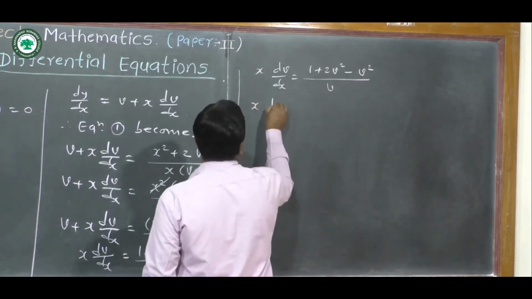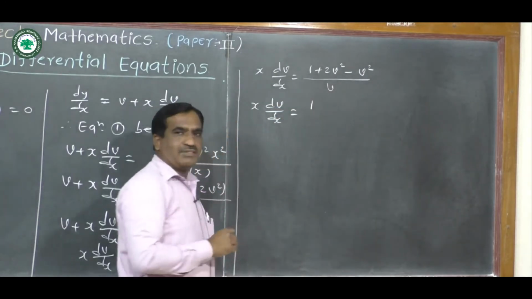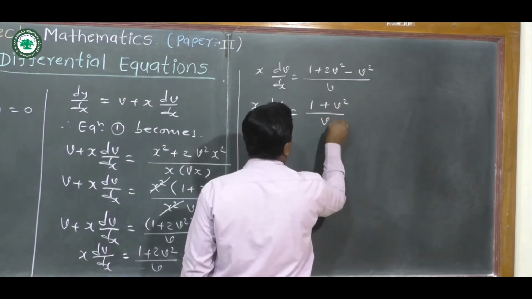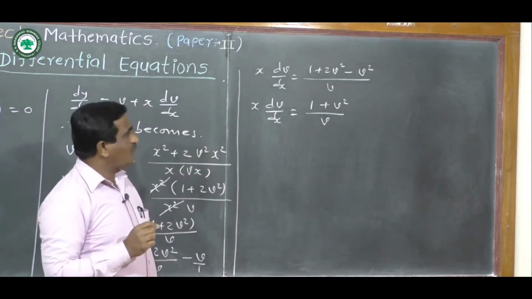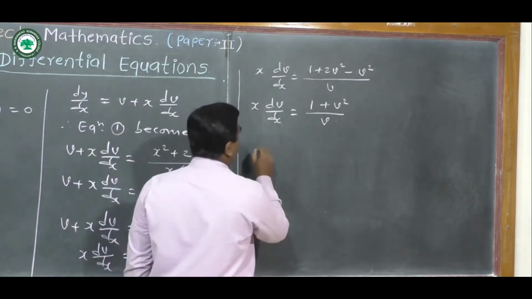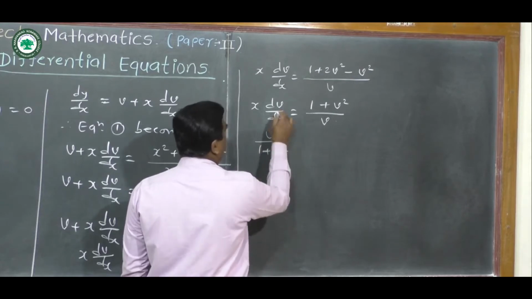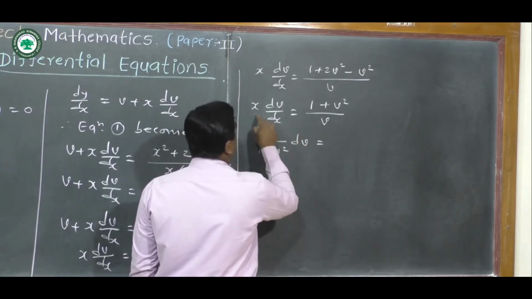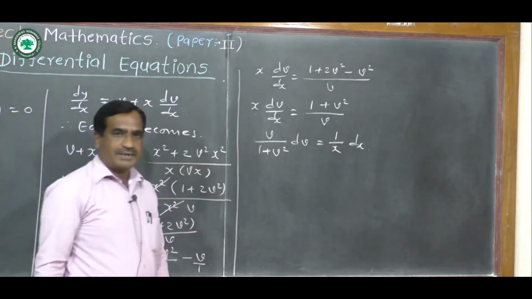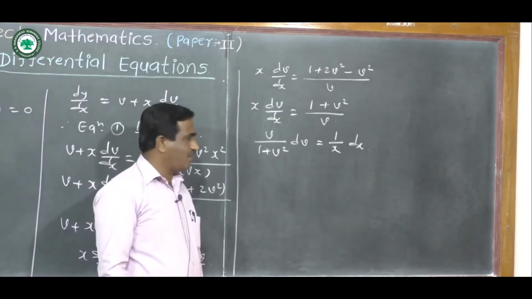That is x into dv by dx is equal to 1, 2v square minus v square means plus v square, upon v. Okay. Now take terms of v to the LHS and terms of x to the RHS. Therefore we can write here v upon 1 plus v square into dv is equal to 1 upon x into dx. Okay, this is the variable separable form for the given differential equation.